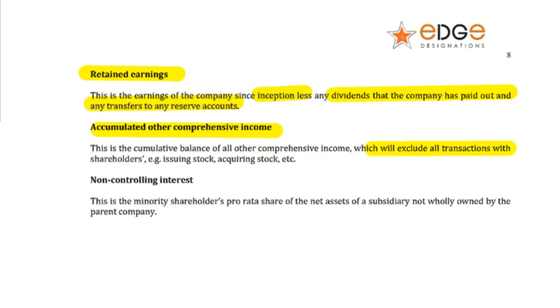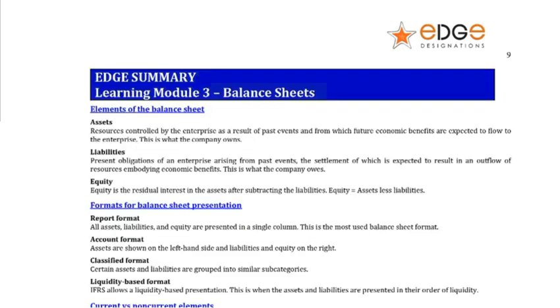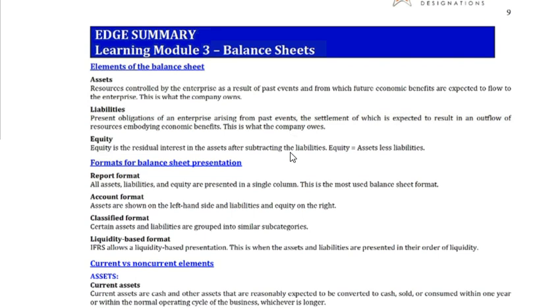These exclude all transactions with shareholders. Then lastly we've got NCI, non-controlling interest. For example, if the company is held majority by one party and perhaps there is an outside shareholder, we would report that minority's pro rata share of the net assets that are not 100% held by the parent company.